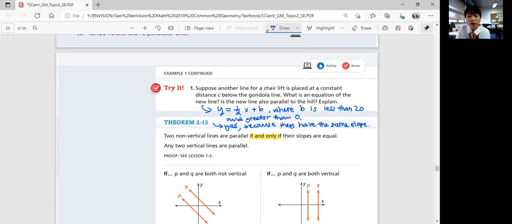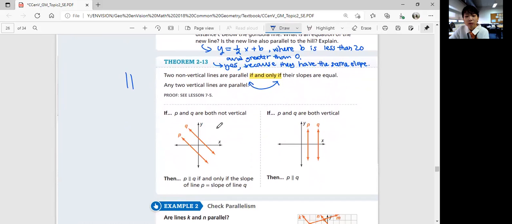Like your converse would be true. Okay, so it could go both ways. So any two vertical lines are going to be parallel because they're vertical, right? And any two horizontal lines are parallel too.